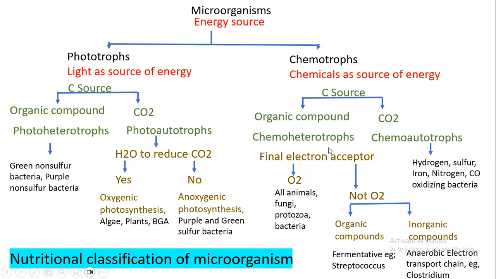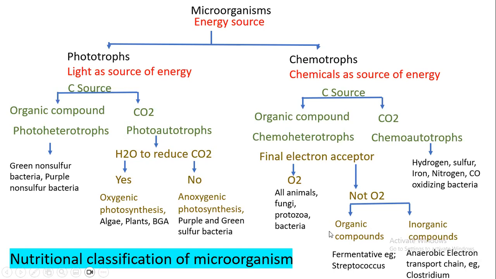The chemoheterotrophs, also based on the final electron acceptor that they are using, can be using oxygen as the final electron acceptor. For example, in case of animals, fungi, protozoa, as well as aerobic bacteria.